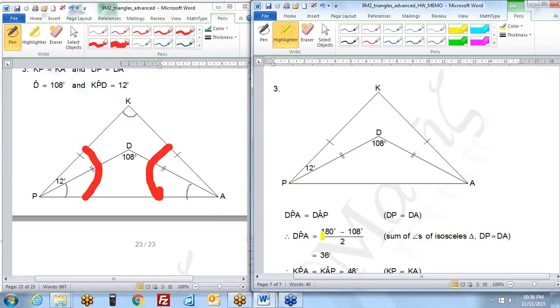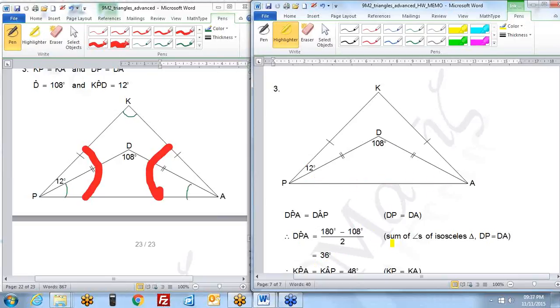And then in order to get angle DPA, you're going to say 180 minus 108 divided by 2. In other words, in order to work out angle DPA, the small one over here marked in green, because we know that angle DPA is equal to angle DAP because line DP is equal to DA, we're going to subtract 108 degrees from 180, and divide that answer by 2 because these two angles are exactly the same size.